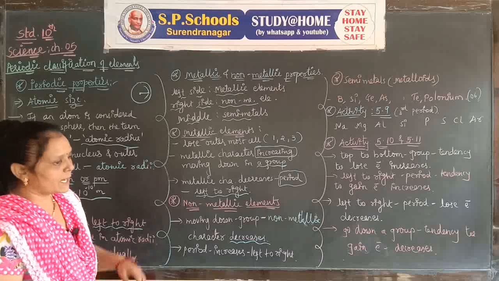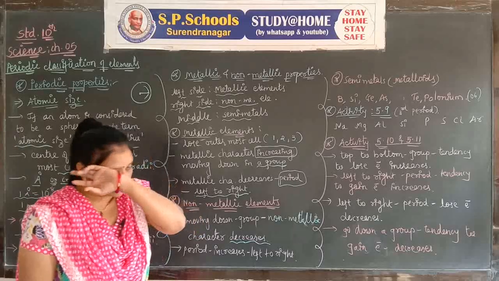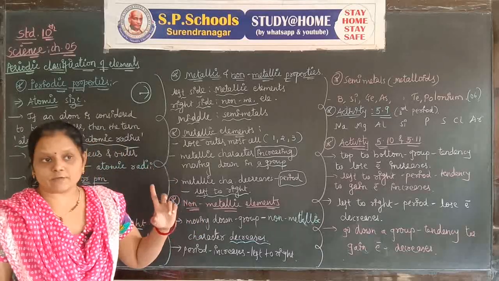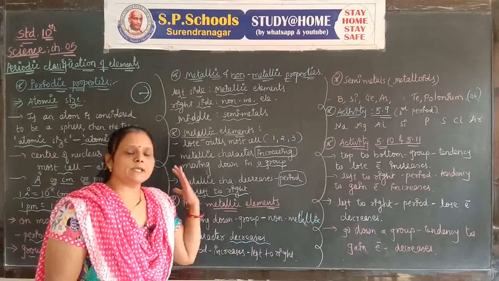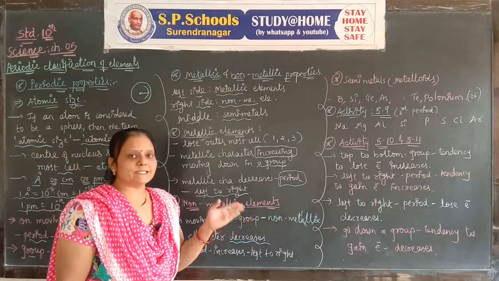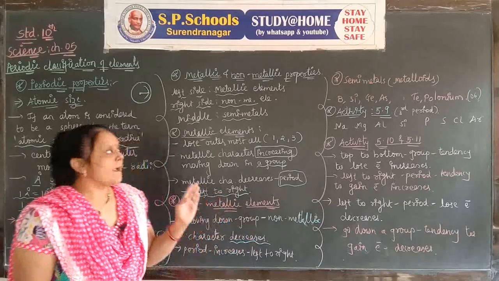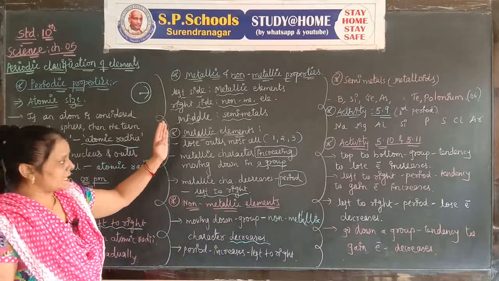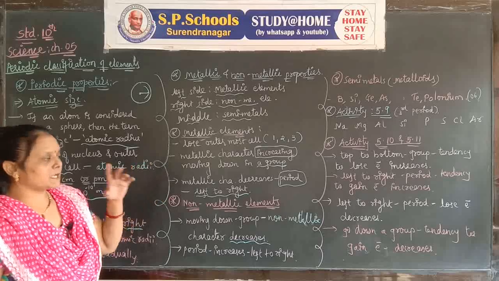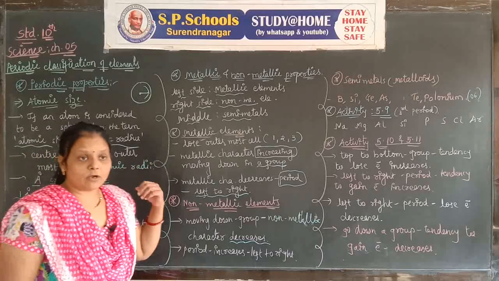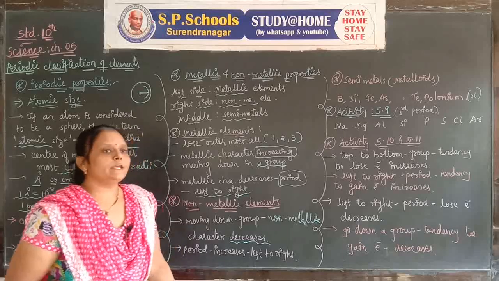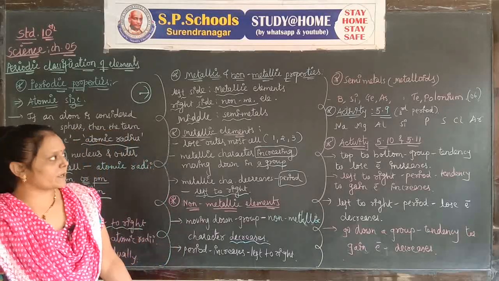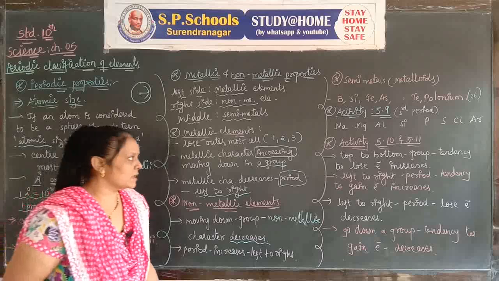You have to write the questions for activities 5.7 and 5.8 yourself. It will be easy, dependent on valency, atomic mass, metallic and non-metallic properties, and the gaining or losing of electrons. So we go directly to activity number 5.9.